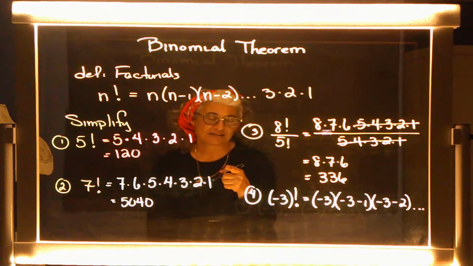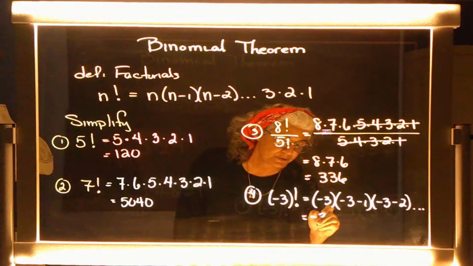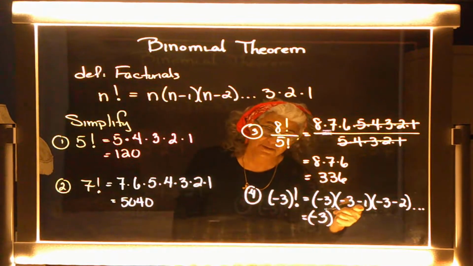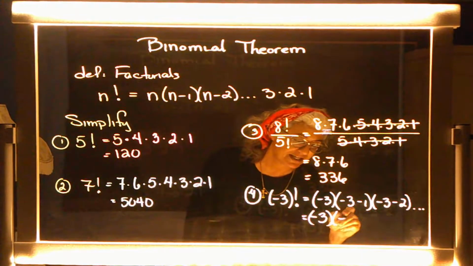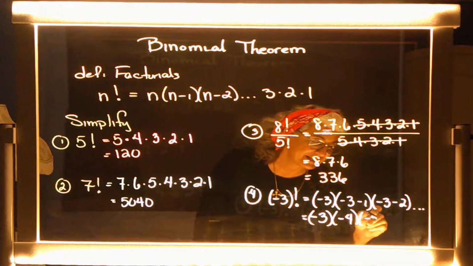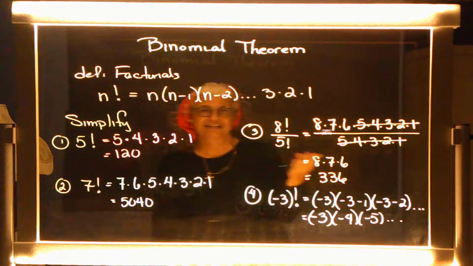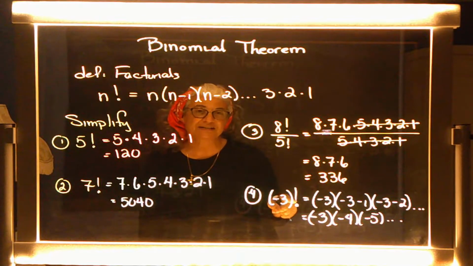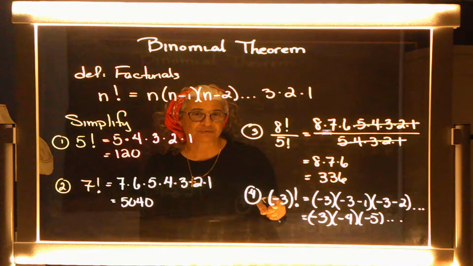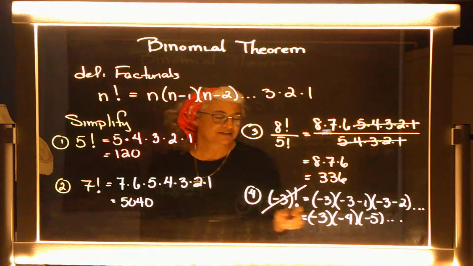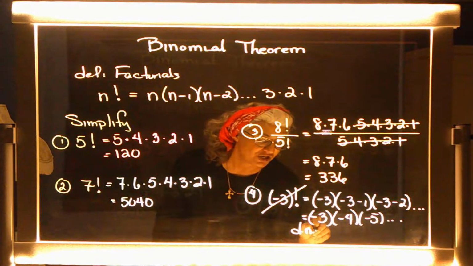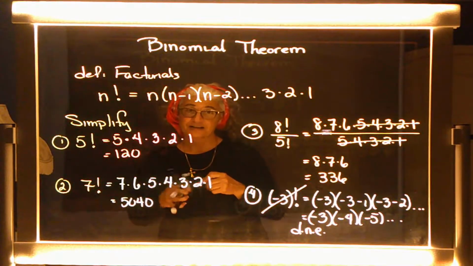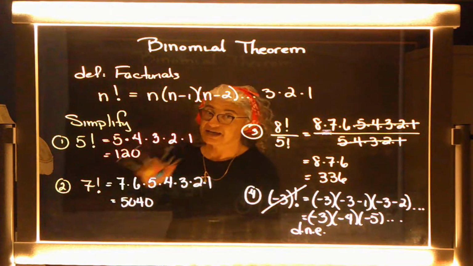Okay, but I need you to see something. This would be negative 3. This parenthesis would be what? Yeah, negative 4, negative 5. Are you ever going to get to 1? No, you won't. So can you take the factorial of a negative number? No, you can't. This one does not exist. Got it? Okay, hang in there though.